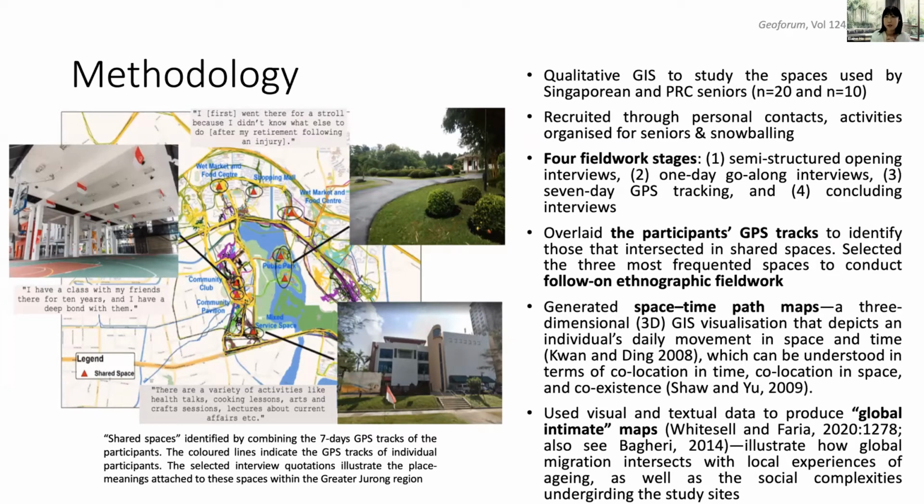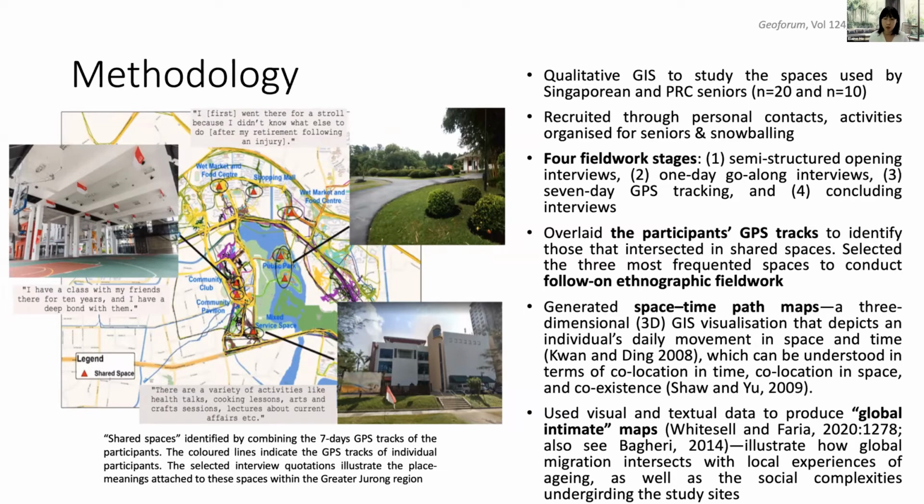So this sample size is not huge, okay, but the research methodology had several different stages. And actually in the wider project, we interviewed, I think, more than 100 Singaporeans and PRC seniors in total. So they were recruited through personal contacts, and our researchers also went to activities that were organized for the seniors, and we used these contacts to snowball for further contacts.